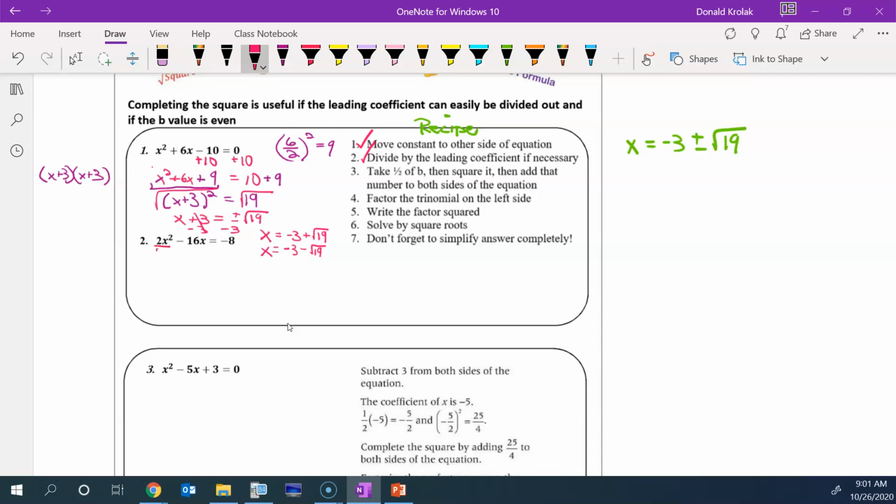I have to get the leading coefficient to 1, so I divide everything by 2. Then divide by 2 and square it. So that's going to be 16 and 16. Negative 8 divided by 2, squared.